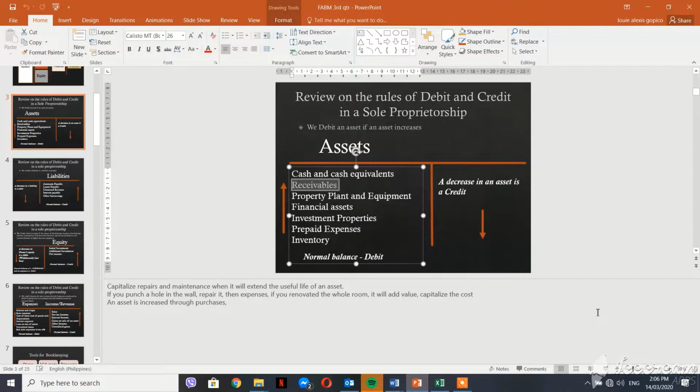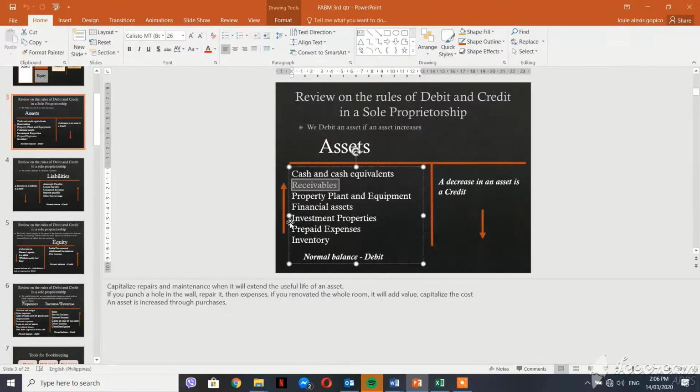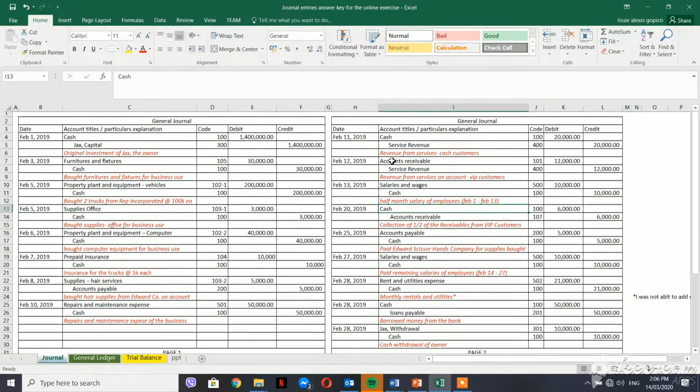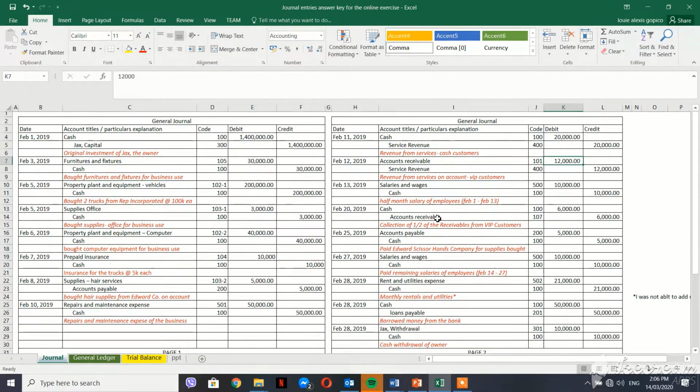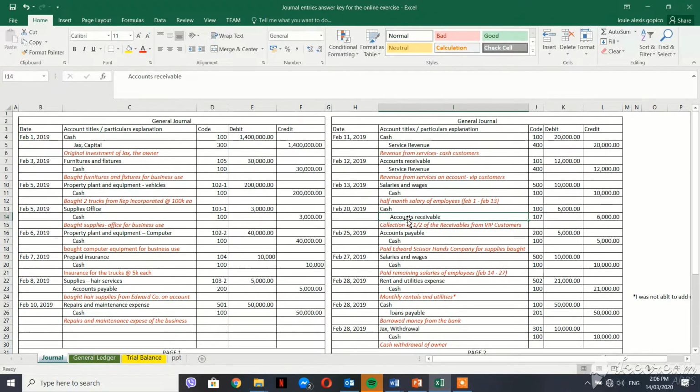Because na-receive mo na yung utang sa'yo. However, kalahati lang. Only half was received. See? Collected half. Okay. So basically, your receivable of 12,000, half of it was already collected. So you have to decrease your receivable by 6,000 because this receivable has already been collected. Okay? So increase in asset, cash, and decrease in another asset, which is the receivable. Okay? Because you have already collected the receivable.